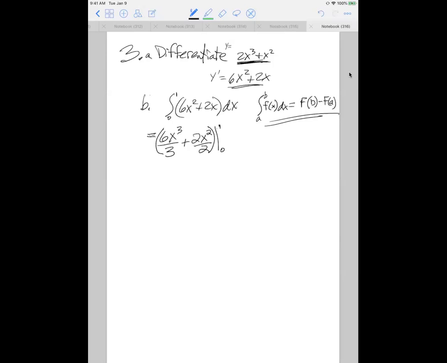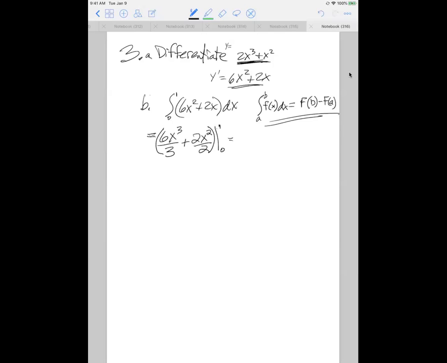Now we plug 1 in and then plug 0 in and subtract. Notice that in both terms x is a factor, and as a result, when you plug 0 in, the whole term is going to be 0. Sometimes it will and sometimes it won't, but in this case it does.